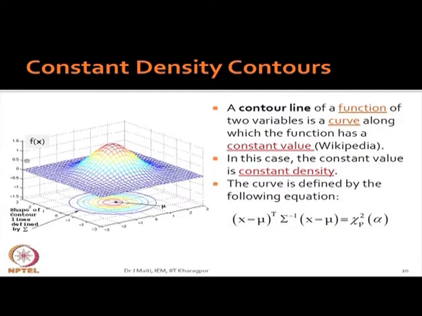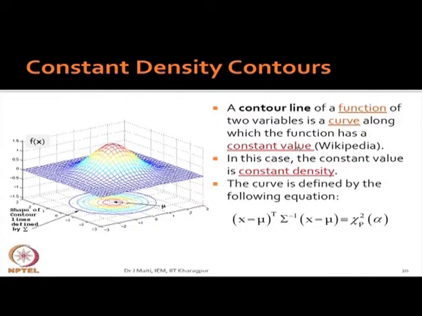Suppose you are taking 0.5 as the density, then along that 0.5 we are making a cross section, and that cross section will bring a certain ellipse here also. As a result, we are saying that this is constant density. That means all the points on this ellipse have constant density.